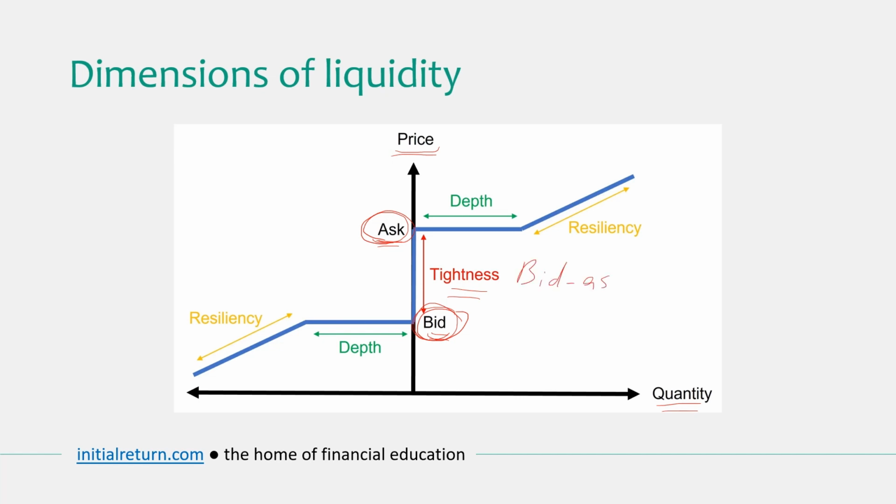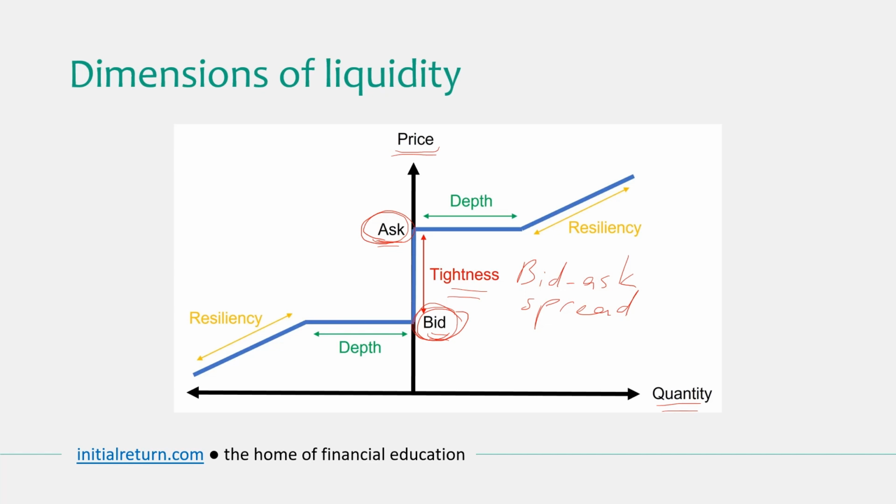Because we have the highest bid and the lowest ask. So liquid stocks are tight in the sense that the bid-ask spread is tight, right? So for example, if we had a smaller vertical distance between bid and ask, we would say that the stock in that case is more liquid.